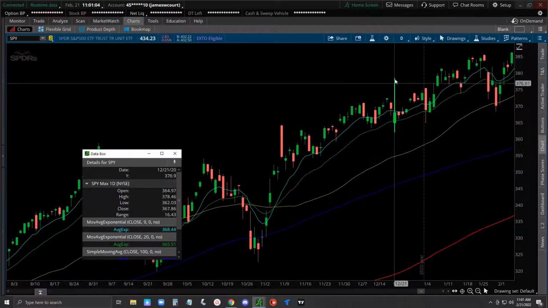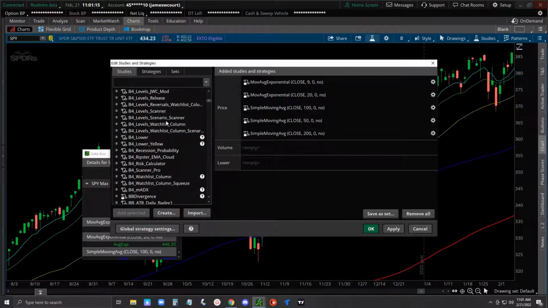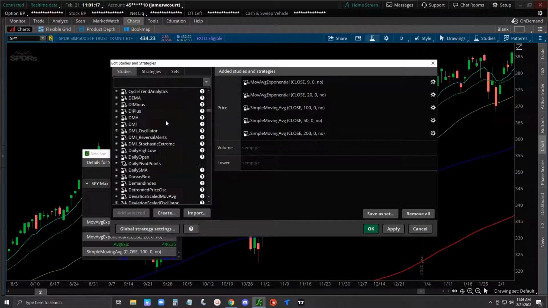All of these indicators that you'll see, no matter what platform you're looking at. Here's a list of indicators that I have in Thinkorswim. You can see this is an extensive, long list. Almost everything here is simply different ways of telling you the same thing.